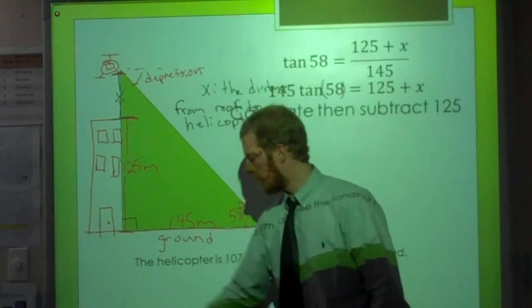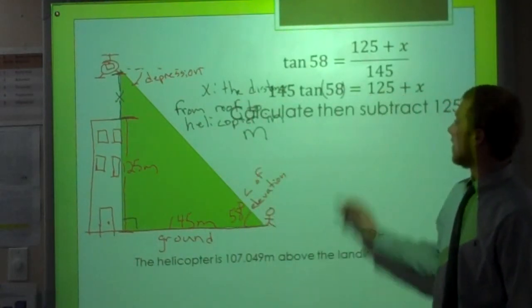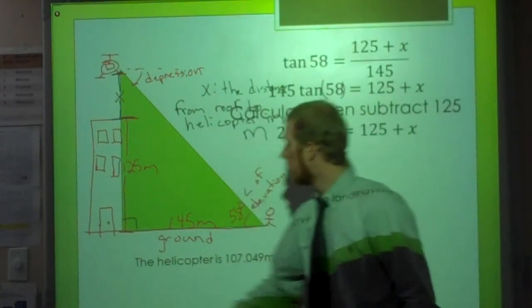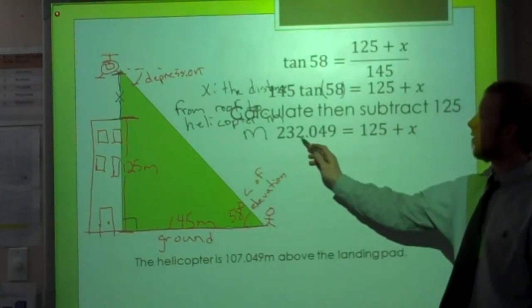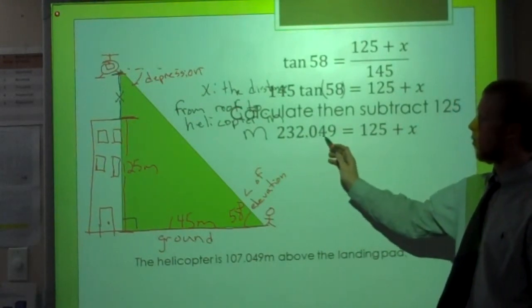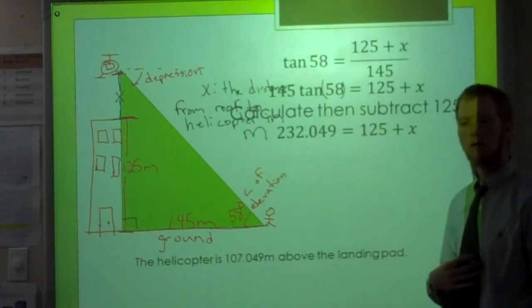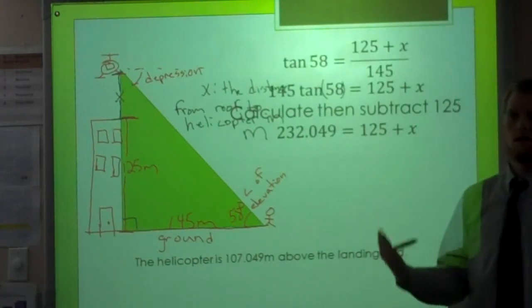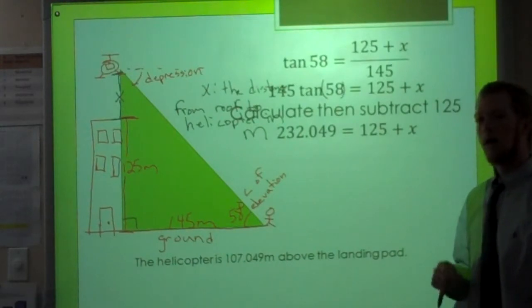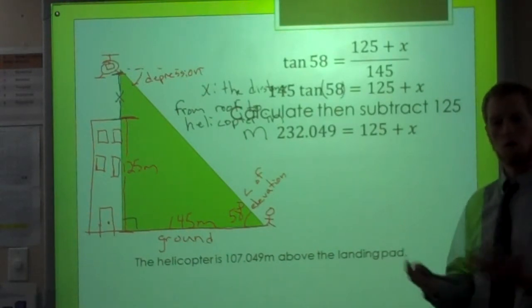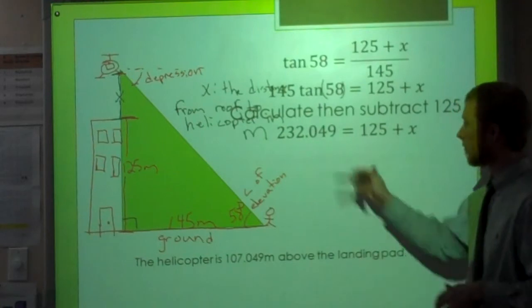When you put 145 tangent of 58 in your calculator, you get 232.049. In my class, if I don't tell you where to round to, we always round to the third decimal place as far as lengths go, and to the nearest whole degree if we're talking degrees.